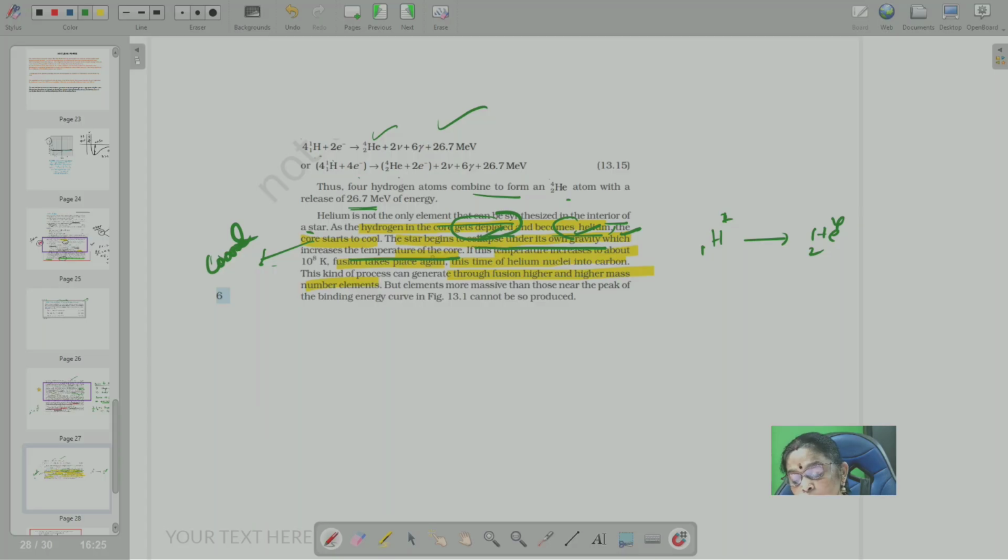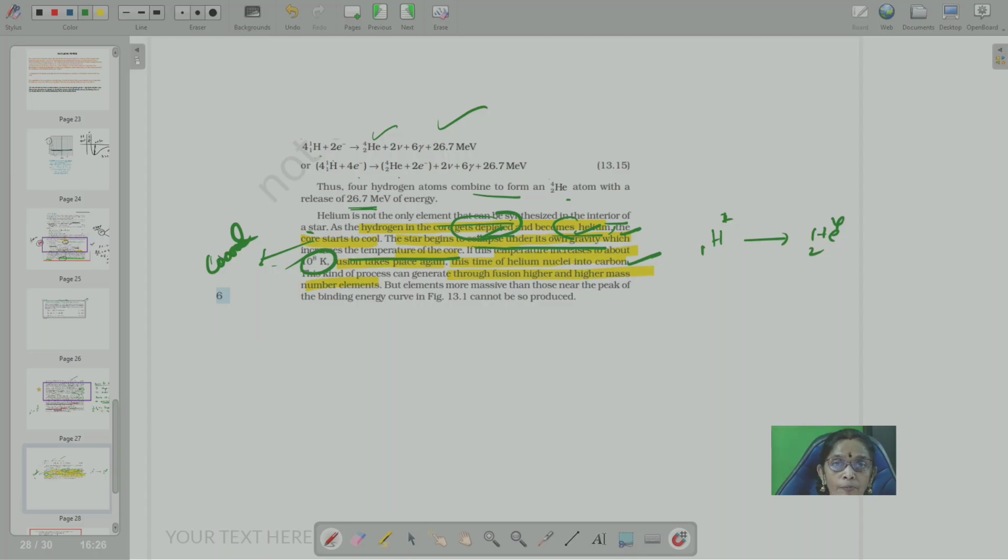Once after cooling, what happened? The star began to collapse under its own gravity. Then, if the temperature increases to about 10 power 8 Kelvin, fusion again takes place. This time helium nuclei are converted into carbon.